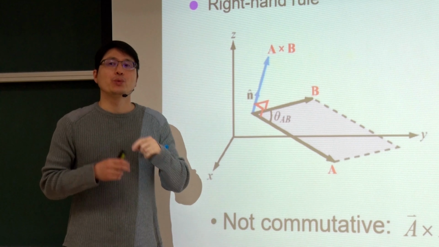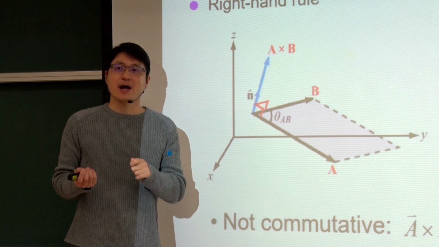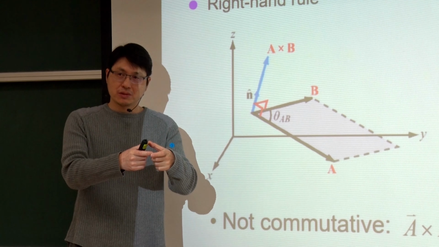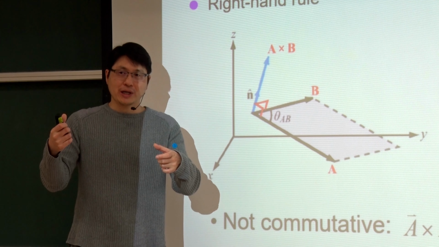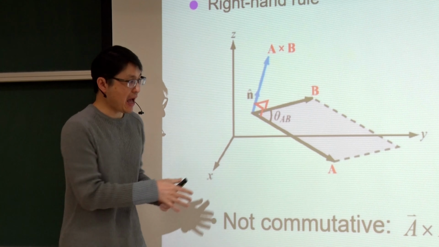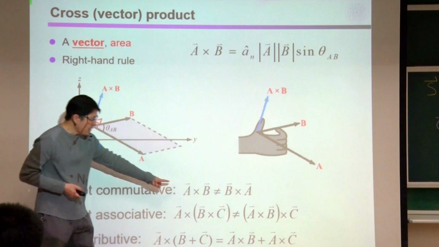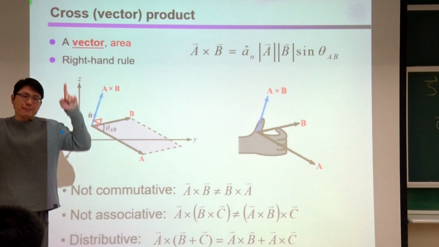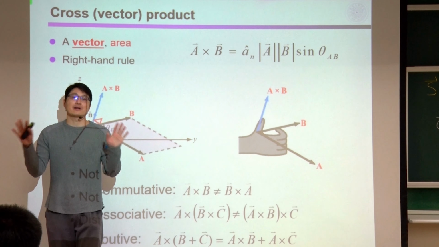I'm putting a lot of time on the introduction of curl because this is the very first example where we're dealing with real vector quantities. Vectors come with a scalar magnitude, which is not direction sensitive, but the direction really depends on how you perform the curl. Therefore, A cross B is not equal to B cross A. If you take the absolute value of A cross B and B cross A, they are the same.